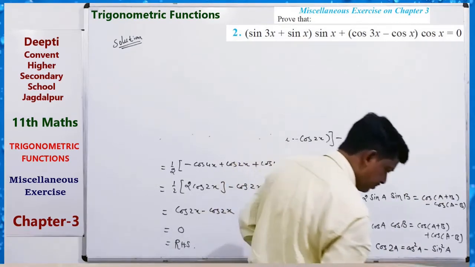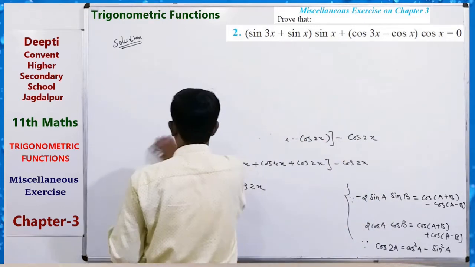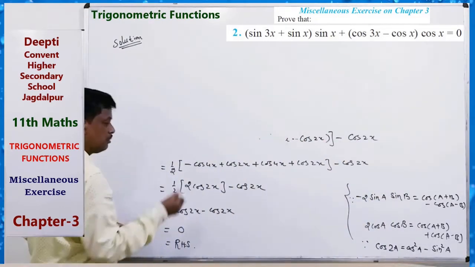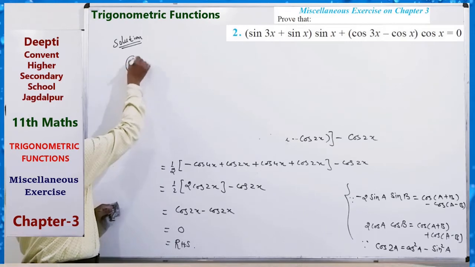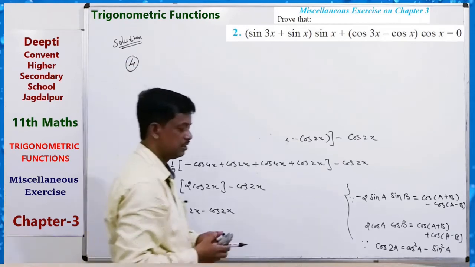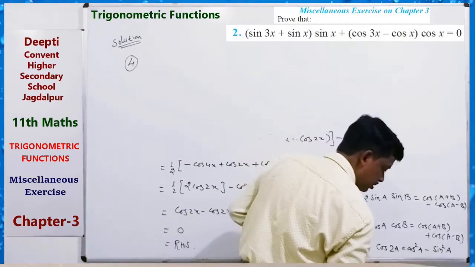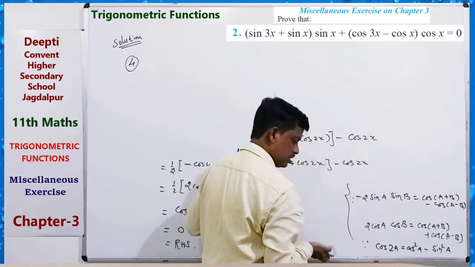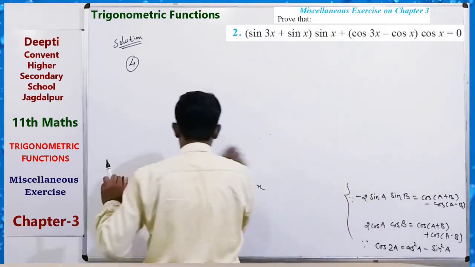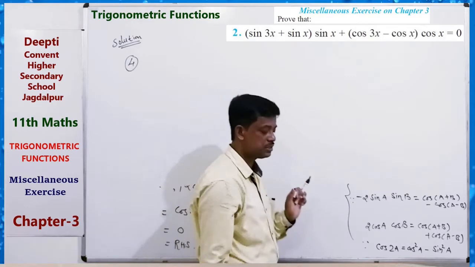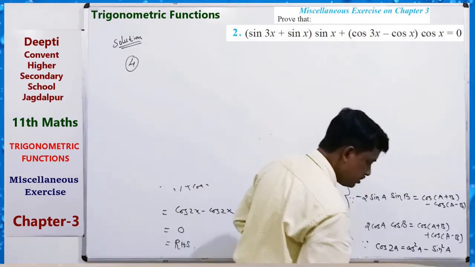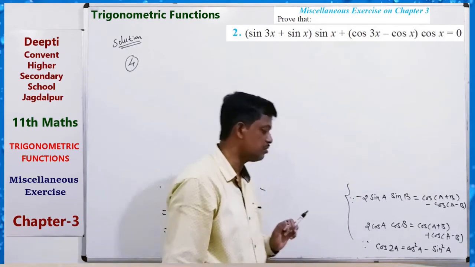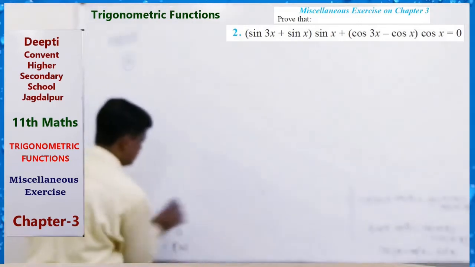Just take question 4. Okay, 3 and 4 can be solved by the same type of method. Here question 4 is (cos x minus cos y) square plus (sin x minus sin y) square equals. Similarly, the third question is (cos x plus cos y) square plus (sin x minus sin y) square.